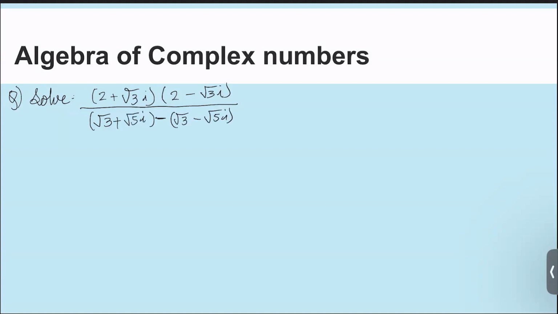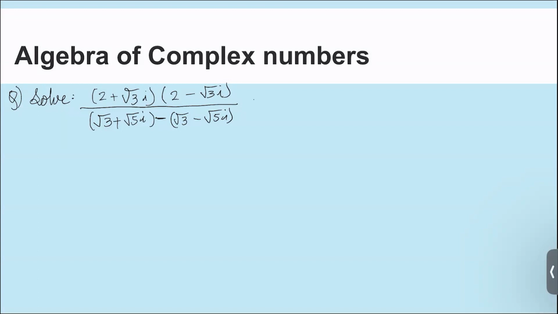Okay. So in this expression, as you can see, you have both the product of two complex numbers as well as the difference of two complex numbers. So this is comparatively an easier kind of solution, but you can see that you can have different algebraic operations coming into play when you are given questions like this.